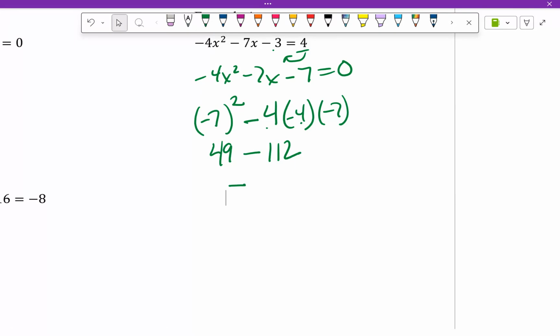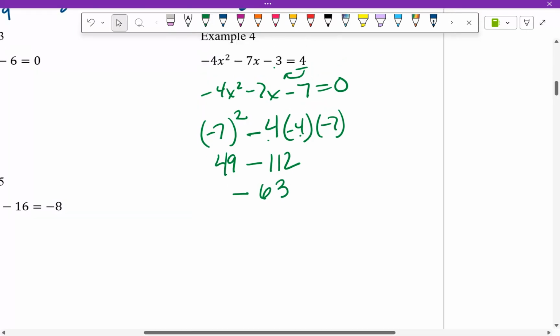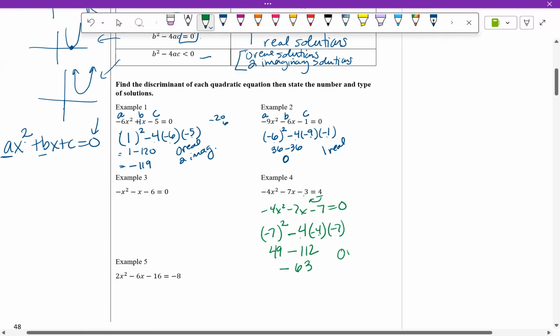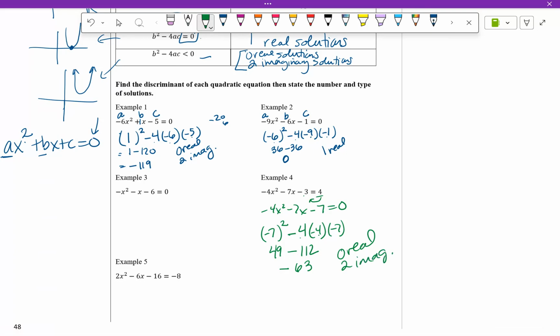Is it going to be positive or negative? If I didn't ask you for the value of the discriminant, could you tell me the number and type? 63, is that right? All right, so number and type. What do we get? 0 real and 2 imaginary. Okay, 0 real, 2 imaginary.